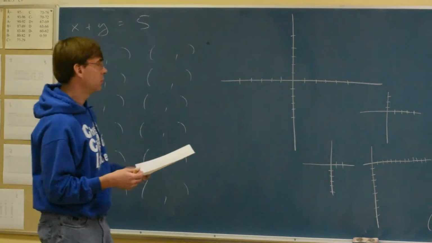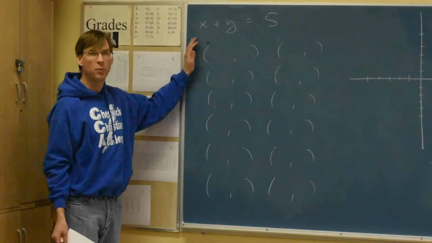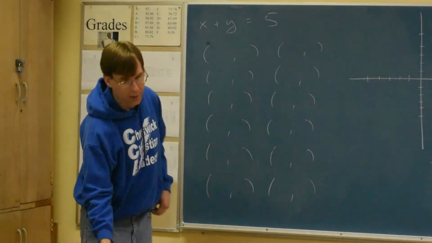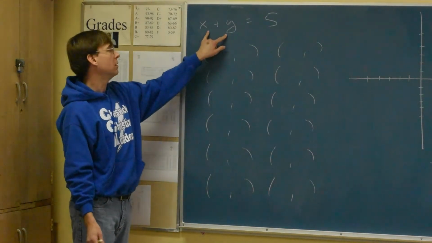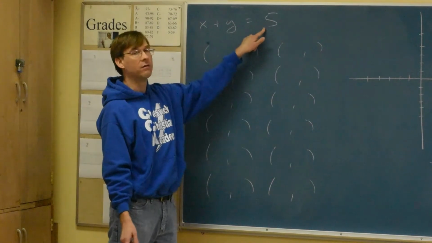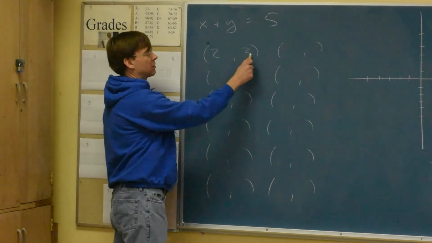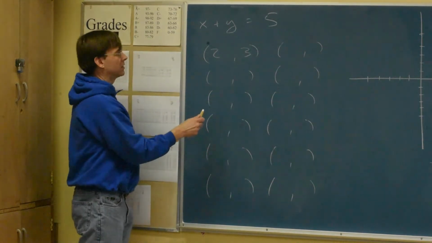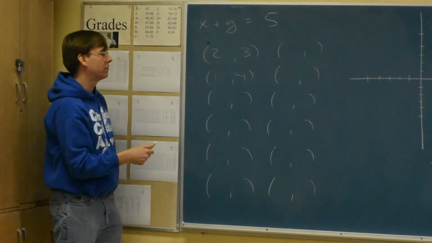And I will show you what I mean here by doing this problem, which would be more fun if people were here with me. But if people were here with me, I would ask you to name me some numbers that add up to 5. So people would say stuff like 2 plus 3 makes 5. And somebody else would say 1 plus 4 makes 5.